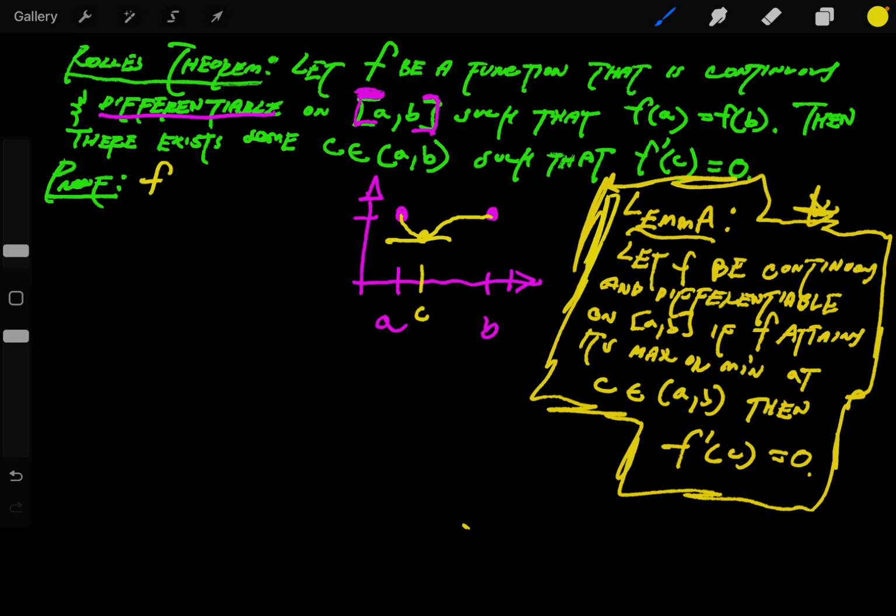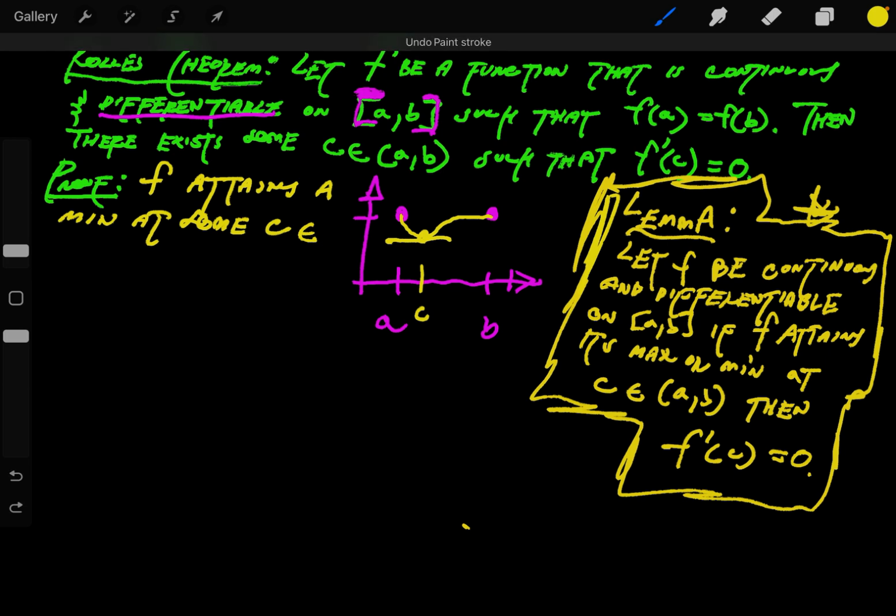Okay, so what are the cases? F attains a min at some C contained in (A, B).